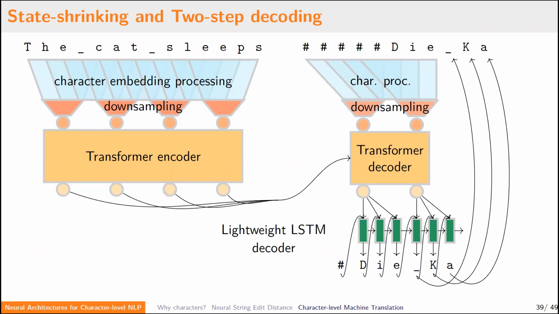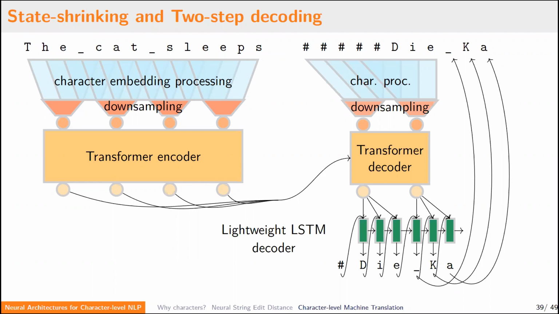So these were architecture innovations that we took from the works of others, but they only work on the encoder side, all of them. And we wanted to have a similar architecture also on the decoder side, because character-level decoding is terribly slow compared to subwords. So we came up with an architecture which works like this.